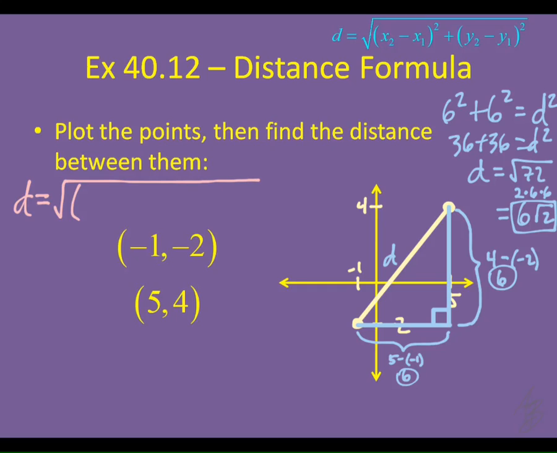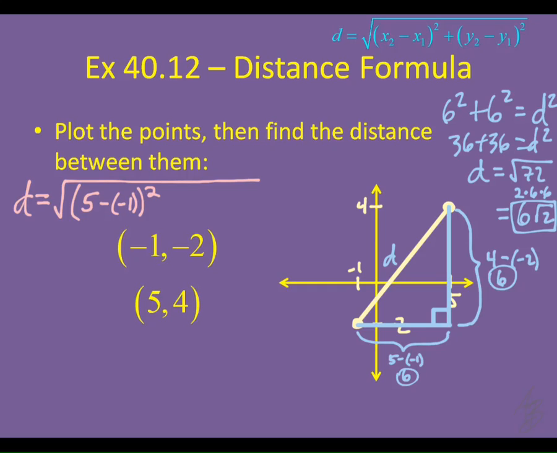-1 minus 5 or 5. Okay. If we're truly going to do x2 minus x1, I would call this x2 and this x1. But it really doesn't matter. You could do -1 minus 5 or 5 minus -1.